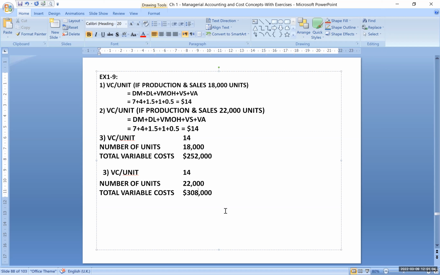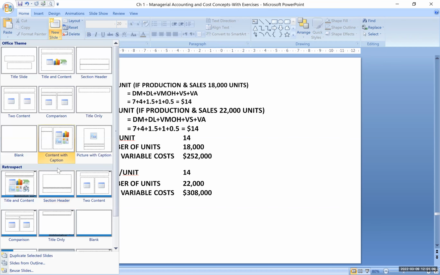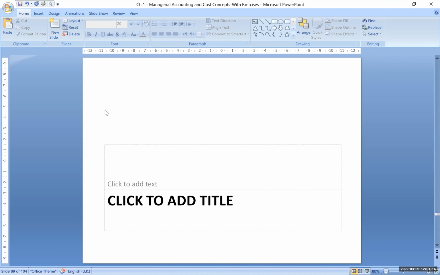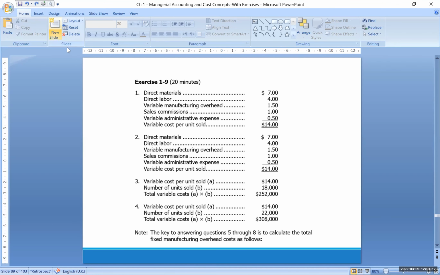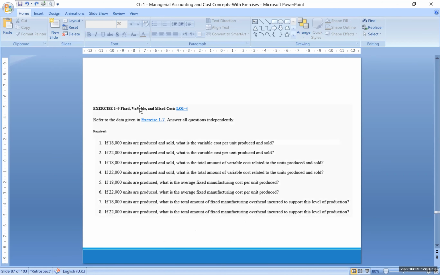Number five. If 18,000 units are produced, what is the average fixed manufacturing cost per one unit produced? If we produce 18,000 units, what is the average fixed manufacturing cost per unit?